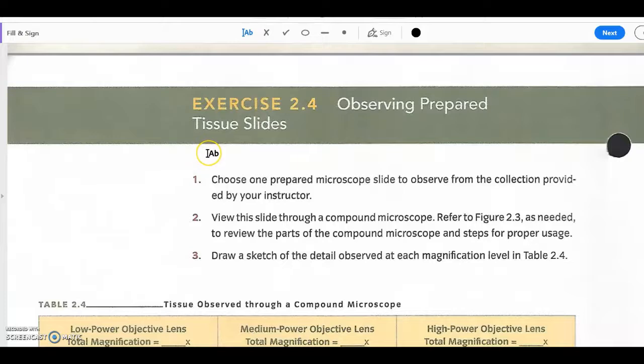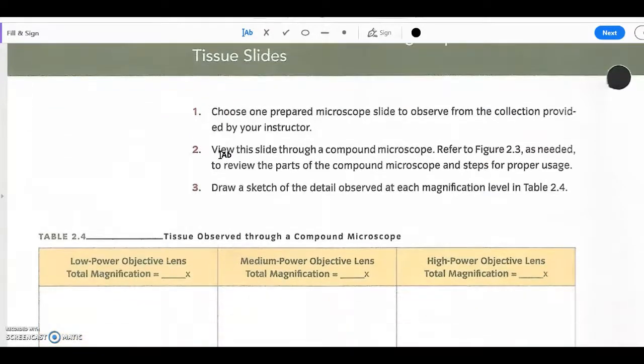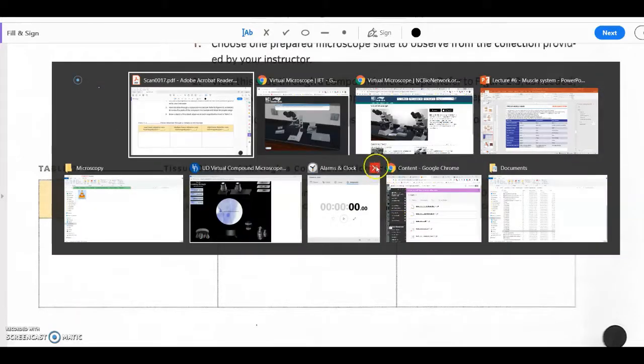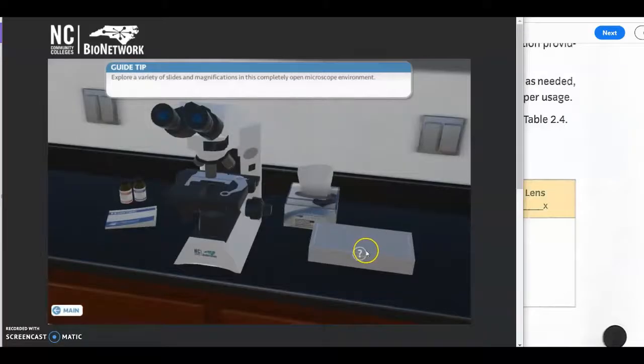We're going to finish the lab with the observation of the prepared tissue slides, again virtually, and then we're going to answer some review questions. So I have, as you noticed, a virtual microscope, and we're going to observe a sample of blood under low, medium, and high power objective lens. So let's get to it.